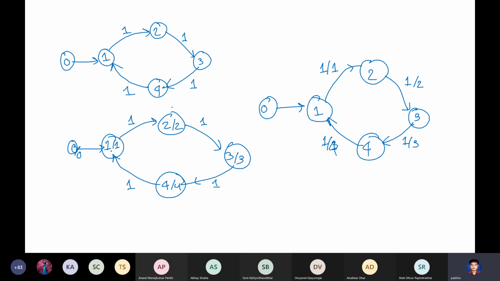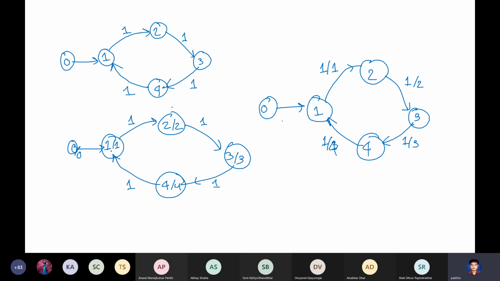Then it gets an input 1, moves to state 3, outputs state 3. Whereas this alternate representation you can read as it is in state 1, then on getting an input of 1, it outputs 1 and moves to state 2. Then while at state 2 it gets an input 1, it outputs 2 and moves to state 3, and so on.